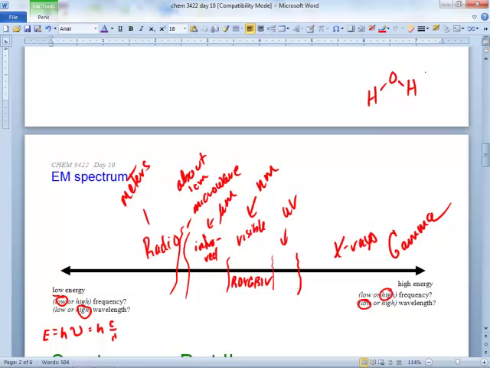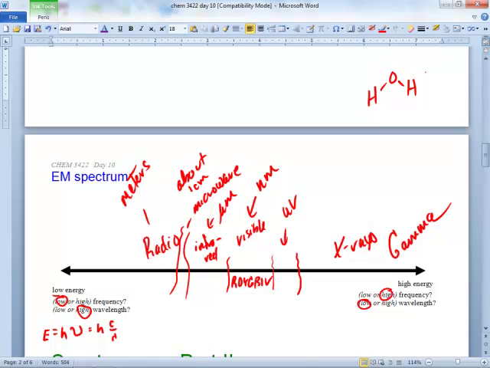Vibration is IR. This is a weaker energy interaction. What could that molecule do that is weaker than vibrating, than making bonds stretch? It could rotate. It makes water rotate.